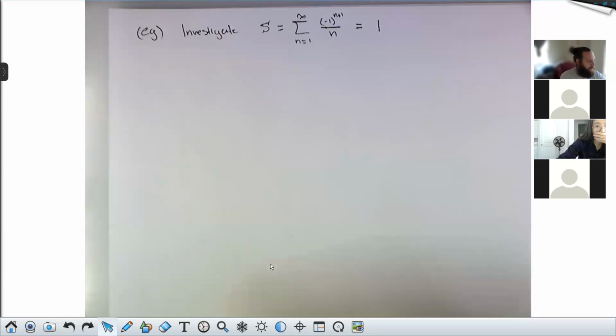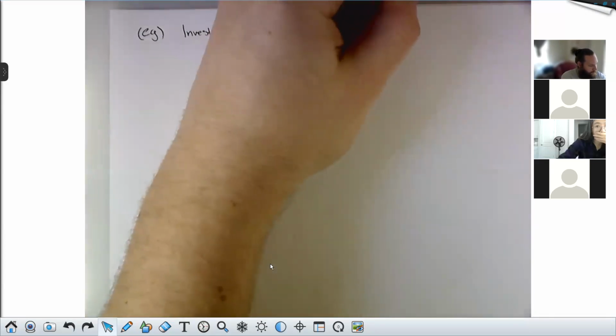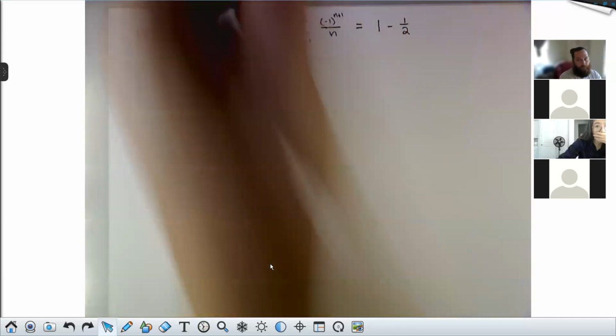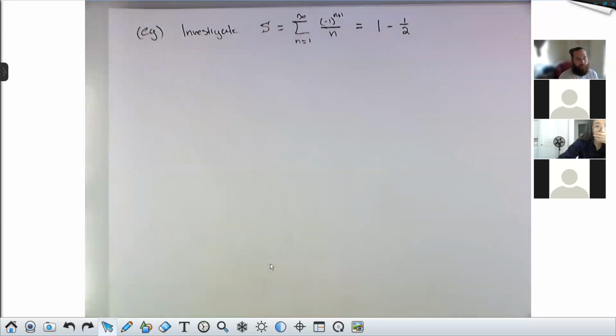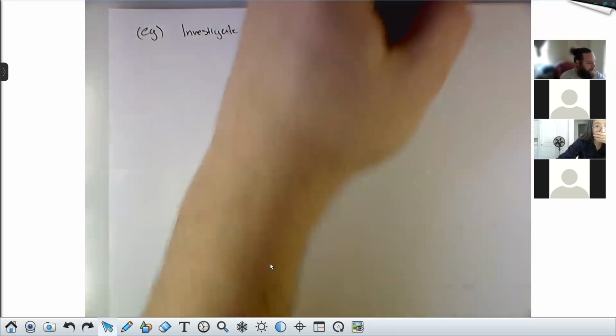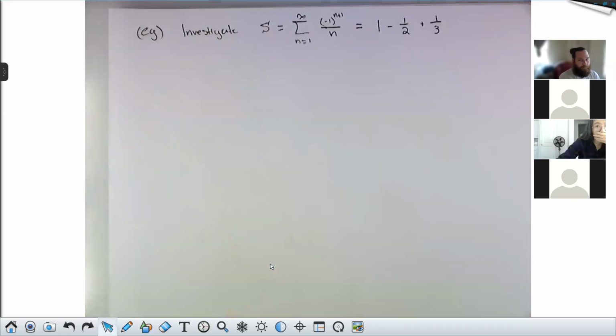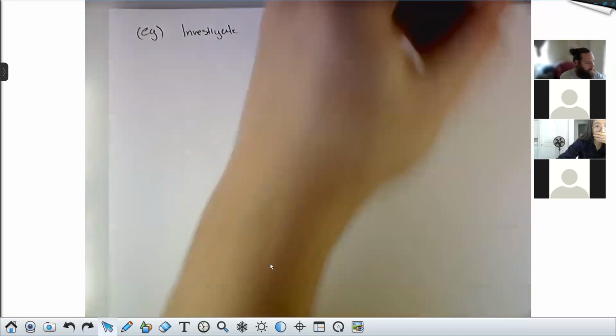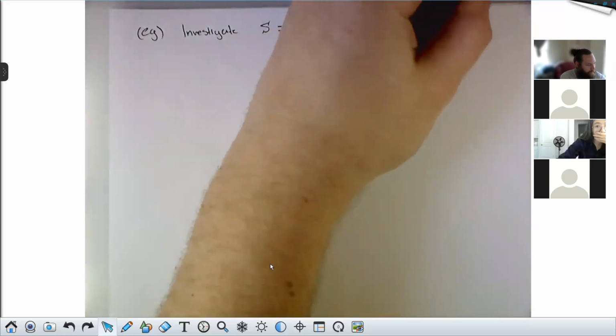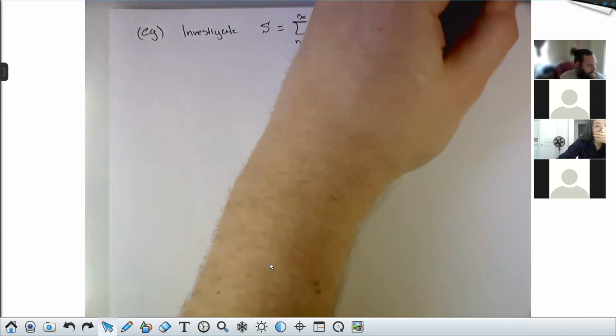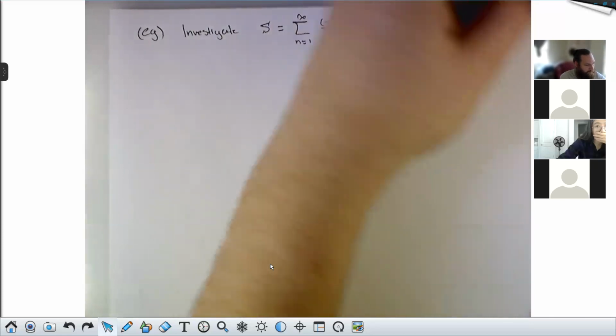When n is 2, we get (-1)^3 over 2, so that's -1/2. When n is 3, we get (-1)^4 over 3, so that's +1/3. The term after that would be -1/4, then +1/5, then -1/6, and so on.